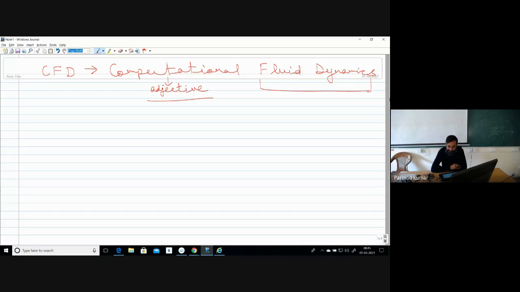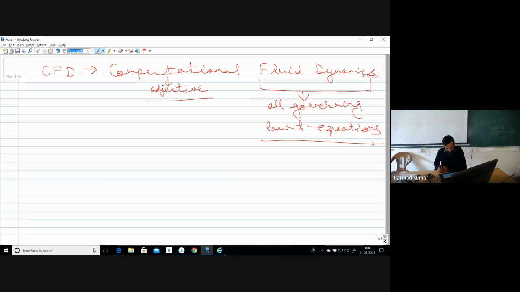So basically we are only studying fluid dynamics, but the approach we are considering here is computational. That's why all governing laws and equations which are applicable for fluid dynamics, we should know about all these equations.